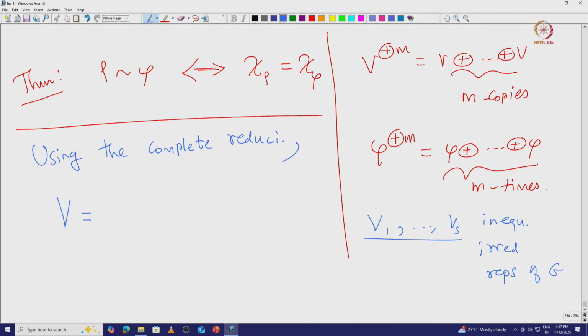This is the complete set of inequivalent irreducible representations.